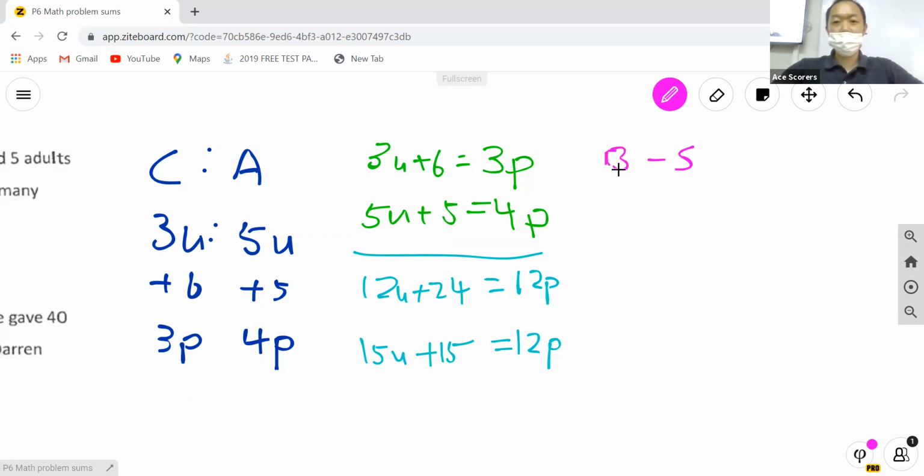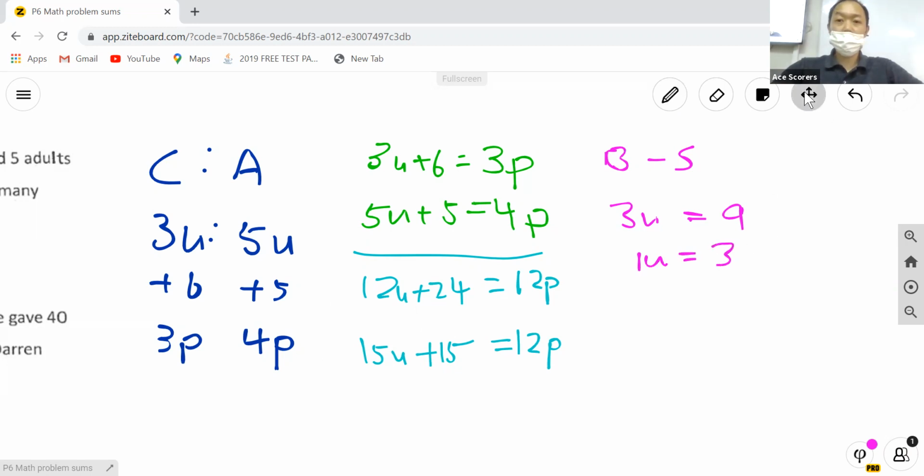So what's the big one? 15. So it's 3u, right? 15 minus 12, 3u. Here, 24 minus 15 equals to 9. Okay, so 1u equals to 3.